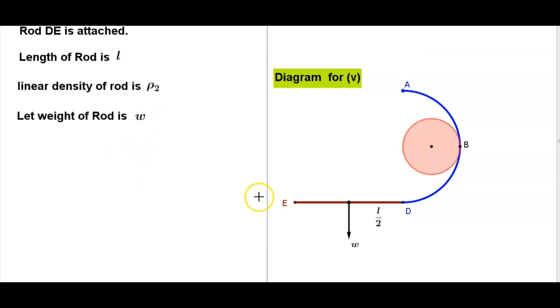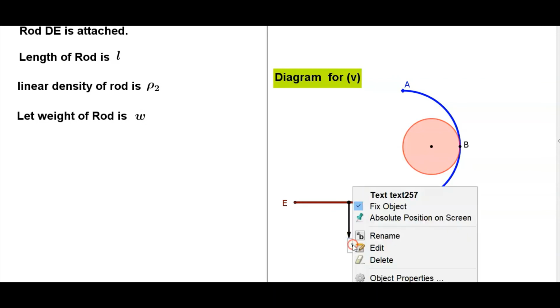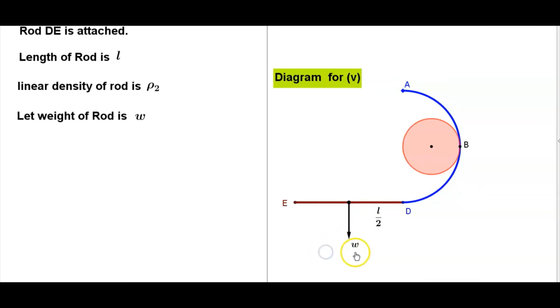Let the weight of the rod be small w. How to find this w? This length into linear density: L into rho 2 multiplied by g. w is equal to L rho 2 g.